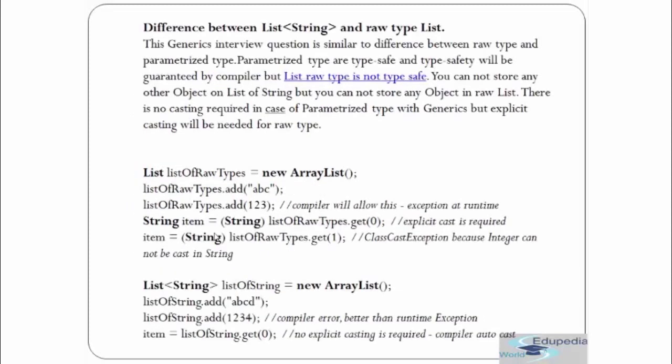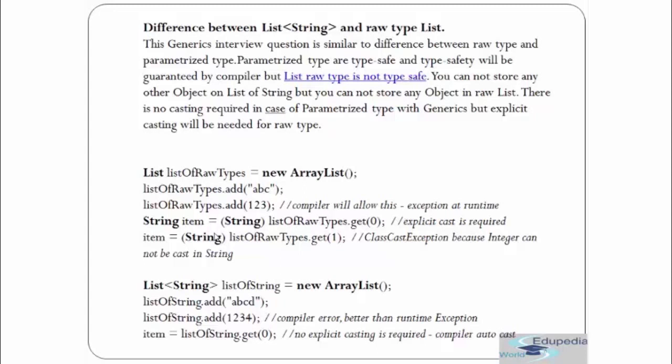Okay, now we have a question asking about the difference between List<String> and raw type List. This is slightly different from List<Object> and raw type List, because when we talk about Object, it can have any object type, and that object type can include String and Integer. But here we are saying it can only be a list of String type versus a raw list type.